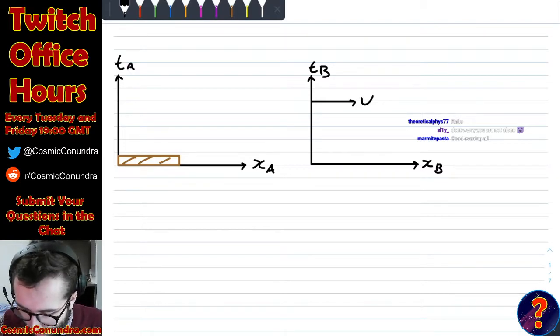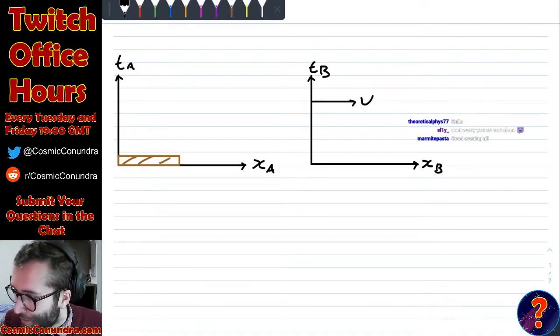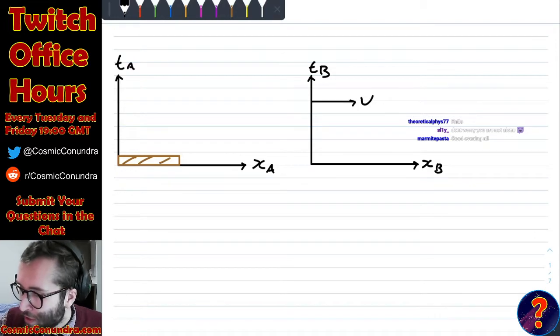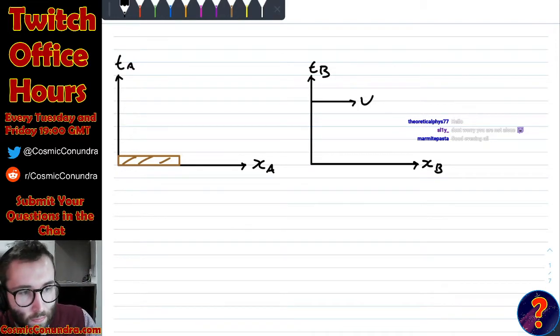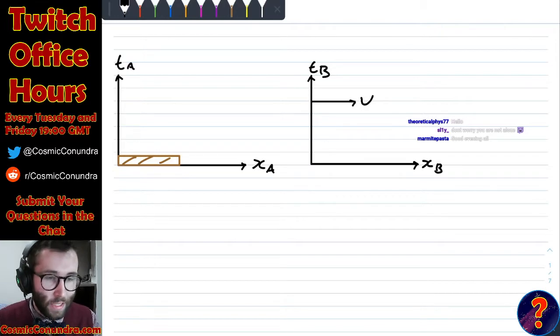So I think the issue last time, or something we should clarify from last time, is that when you're measuring the length of something, the length you measure for that thing is the space-time interval between the two ends when you measure them simultaneously.